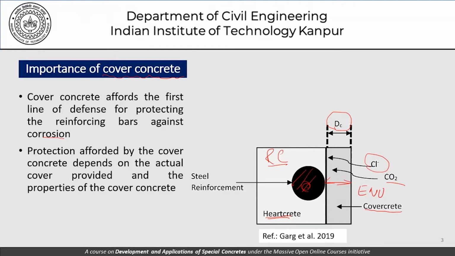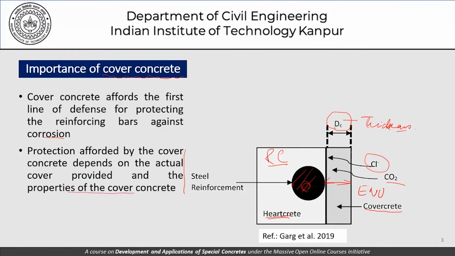The protection afforded by the cover concrete actually depends on the actual cover provided and the properties of the cover concrete, which is also obvious because the protection afforded is related to the thickness here, what is the value of the cover that we are providing, whether 40 mm or 50 mm and so on, and what are the properties of the cover concrete.